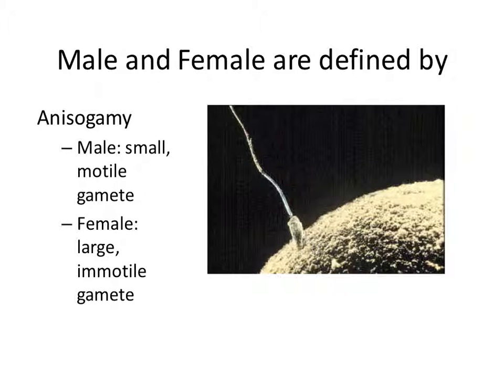So this is a summary of what I just mentioned. This process right here in this picture is what sexual reproduction is all about. Syngamy, the bringing together of two gametes, the small motile one from a male and the large immobile one that females produce.